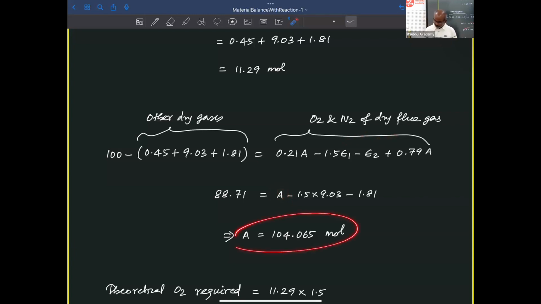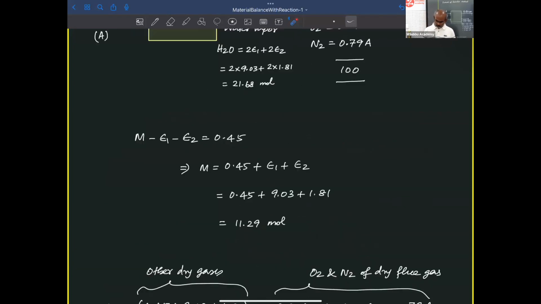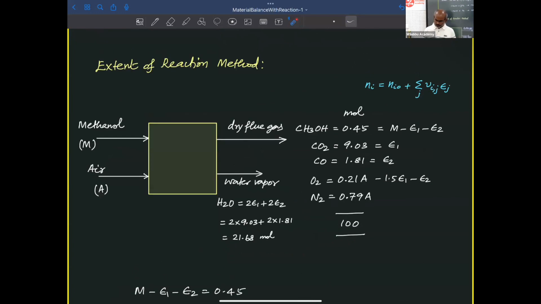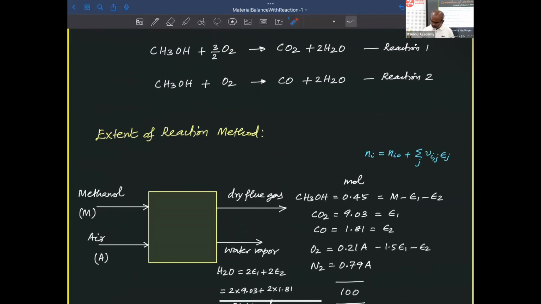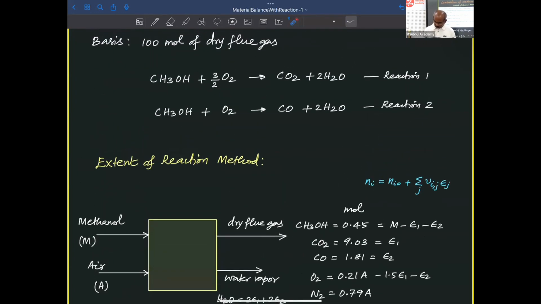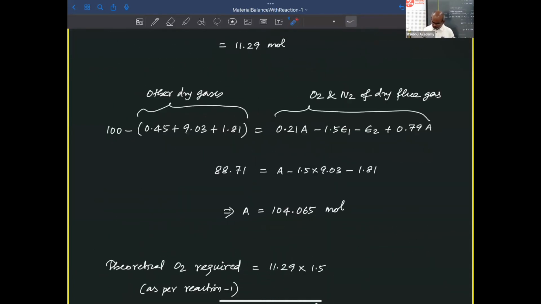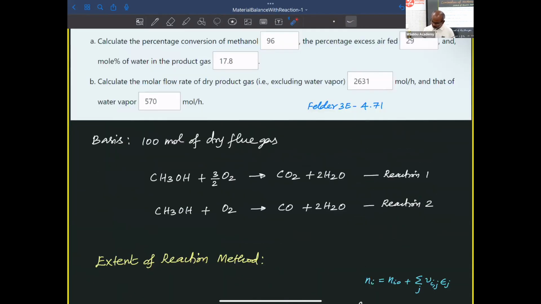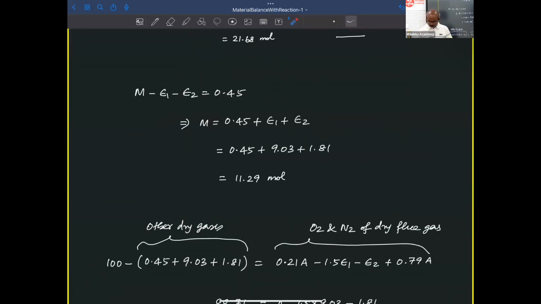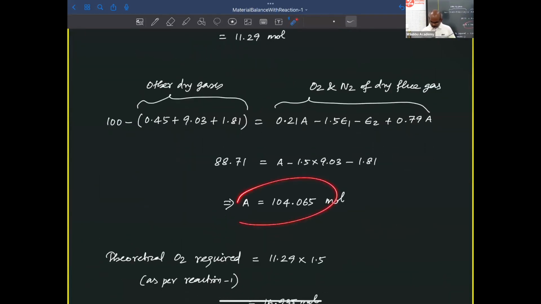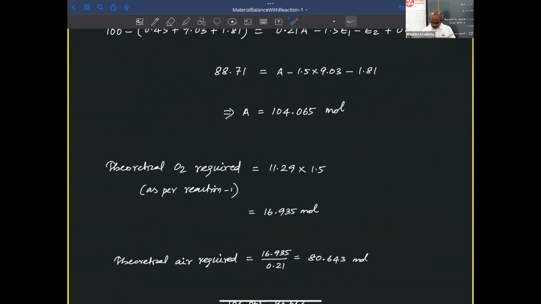So from that, A is now solved, and we are able to get how much air is entering. What is asked is the percentage conversion of methanol. Before that, I am also solving for the excess air, because we know how much air is entering and what the O2 required is.